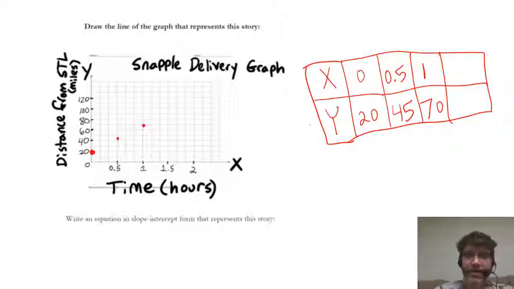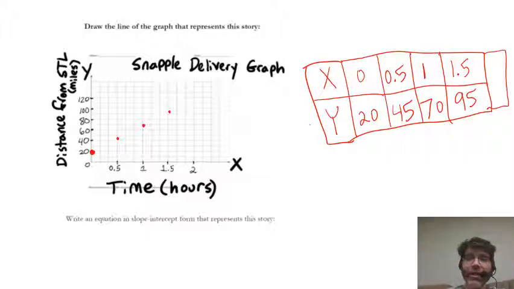Now at 1.5 hours, that's a half hour more. Each half hour, you travel 25 miles further. So that's 95 miles. So 1.5 and 95 would be like right. This is 90, so 95 would be right there. And then ultimately at 2 hours, he arrives in Columbia, which is 120 miles away.